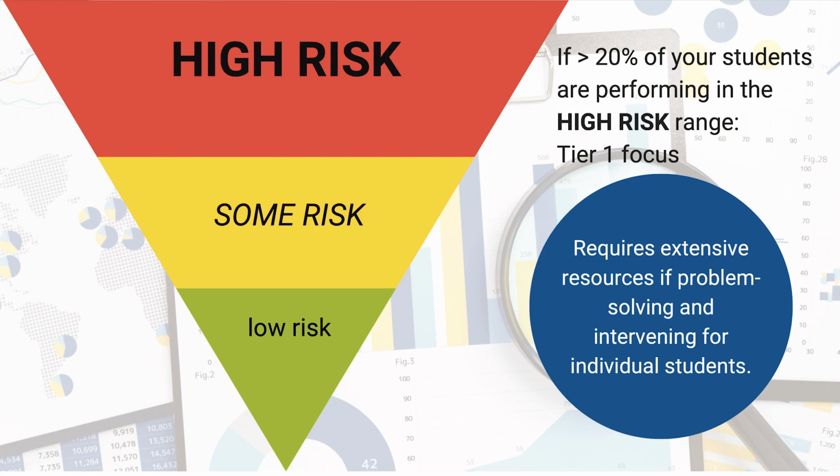But as we can see with this upside down triangle, and as I'm sure you've experienced in your schools, the majority of our students are actually all at high risk right now. Most of them are, especially at our schools.